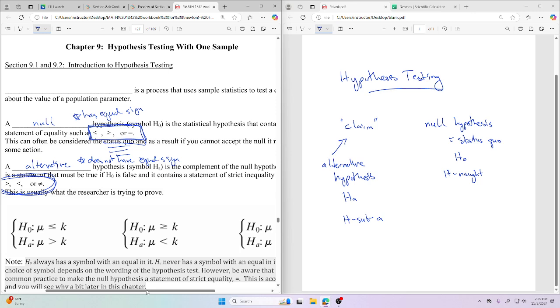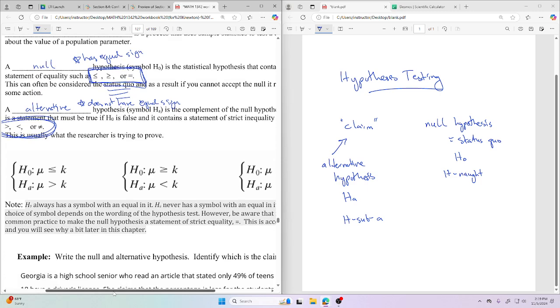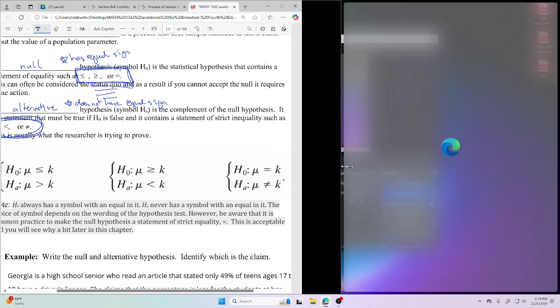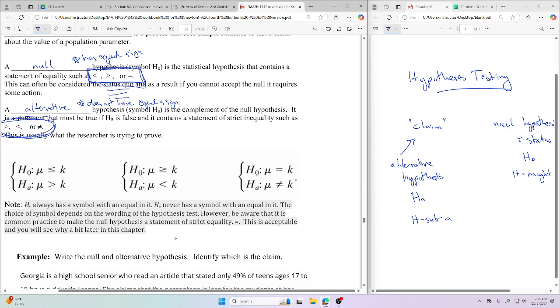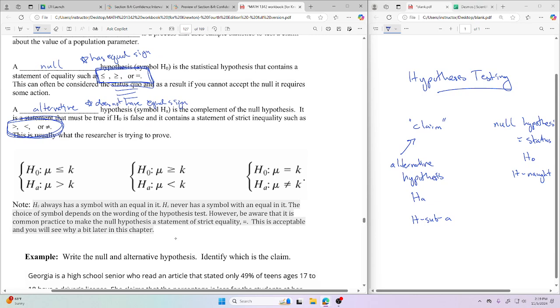And so we're always going to be opposite of one another. They're always contenders against one another. You can see what we have for these options. If we have less than or equal to, the opposite would be greater than. Greater than or equal to is less than. Equal to, the opposite is not equal to. And in this class, it's always the bottom that is going to be the claim.